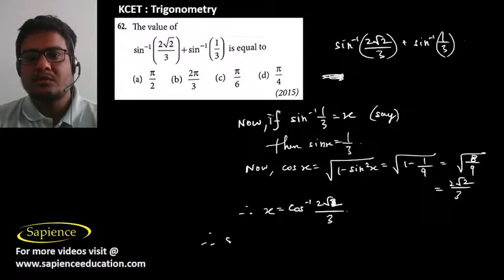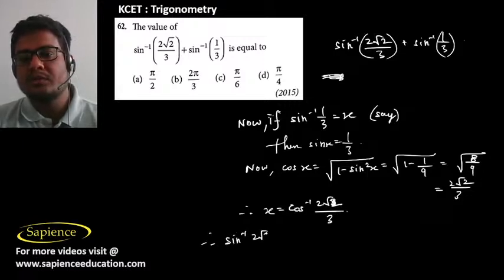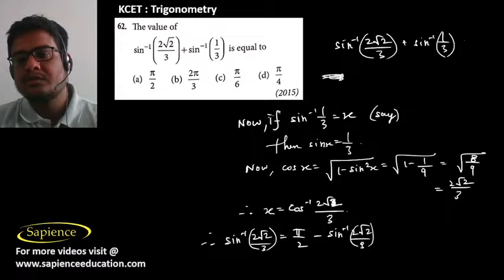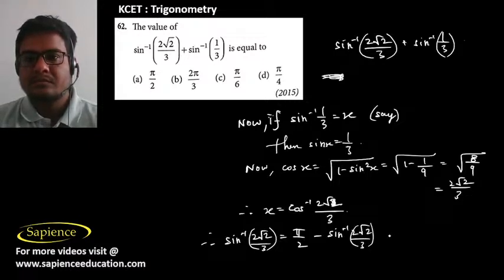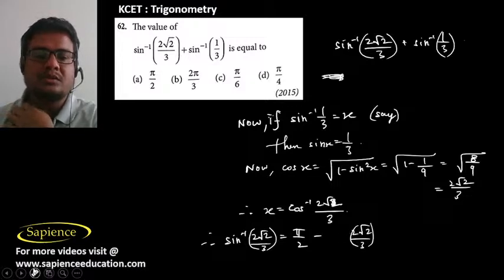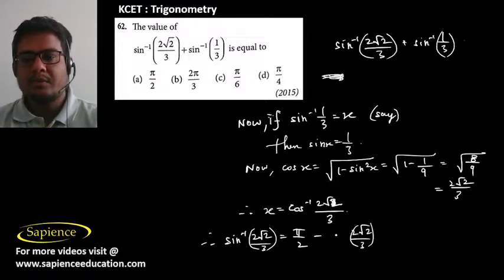So now sine inverse of 2 root 2 by 3 can be written as pi by 2 minus cos inverse 2 root 2 by 3.